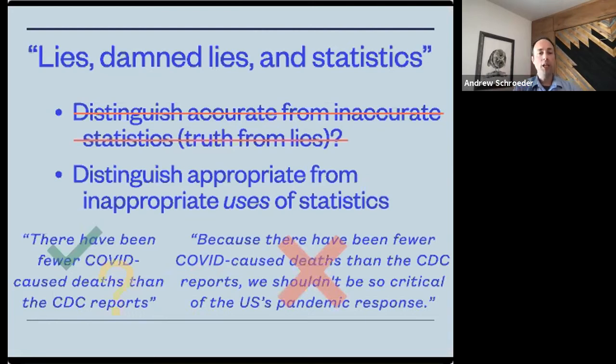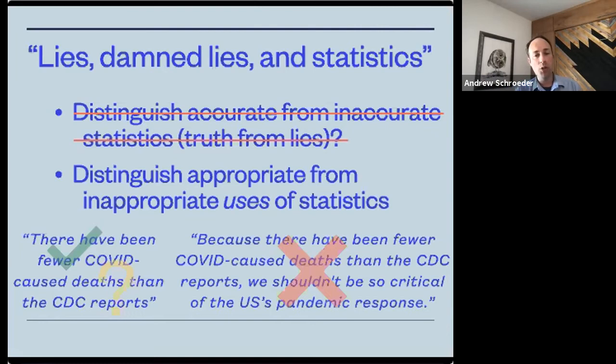The reason for that is because a lot of those deaths in the middle category, things like the patient who died waiting for a ventilator, are absolutely deaths that are relevant to assessing how well our country has handled the pandemic. Okay. So here's where that leaves us. When we're having public discussions about things like the COVID death count or sea level change or inflation rates, we can't do the easy thing and just say there's one right way to do it and all the other ways are wrong.